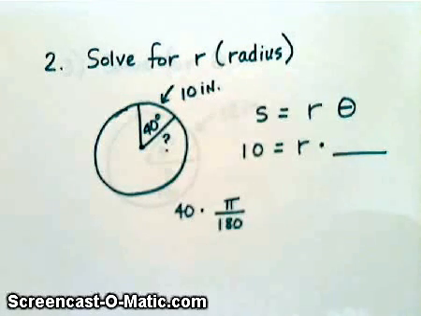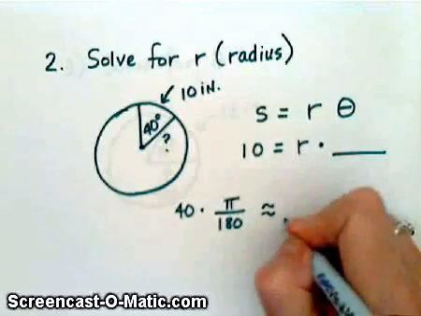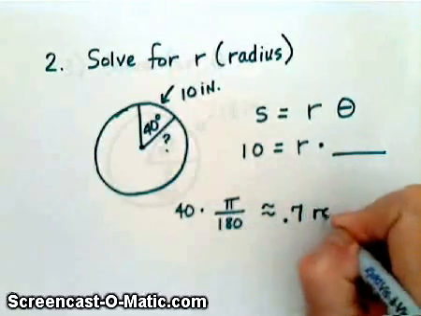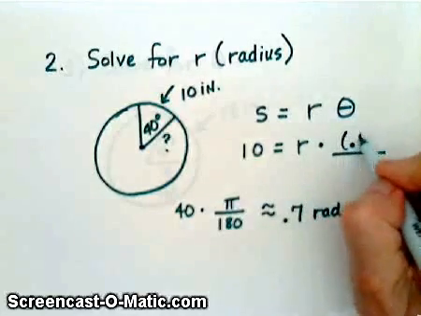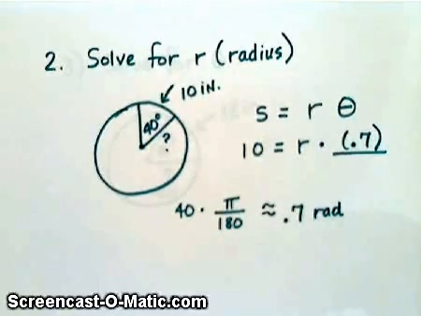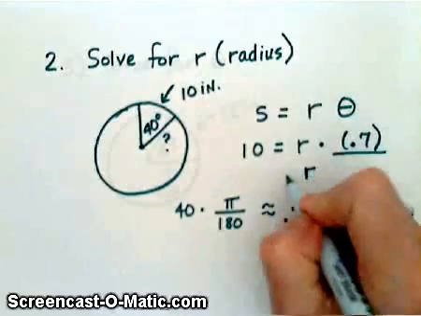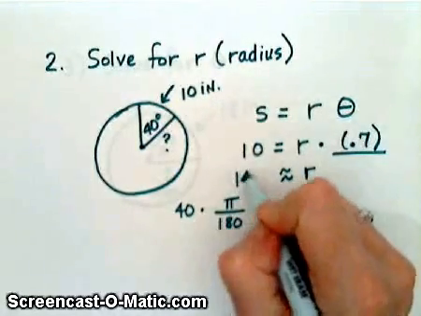And that turns out to be 0.698. I'm going to just say that is approximately 0.7 radians. Again, you'll know how much to round by. So 0.7 radians. And then all I have to do to solve is to divide 10 by 0.7. And it looks like my radius is approximately, let's just go to tenths, 14.3.